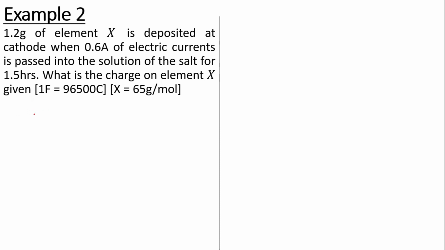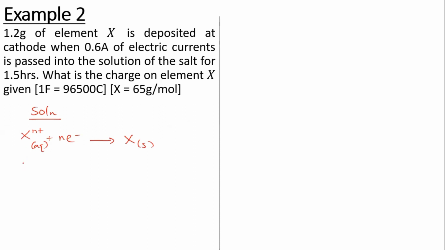So if we are writing the reaction for the electrolysis, the cathodic reaction, I mean, you're going to have X n plus plus n electrons to give us X. Of course, it will come out in form of solid.